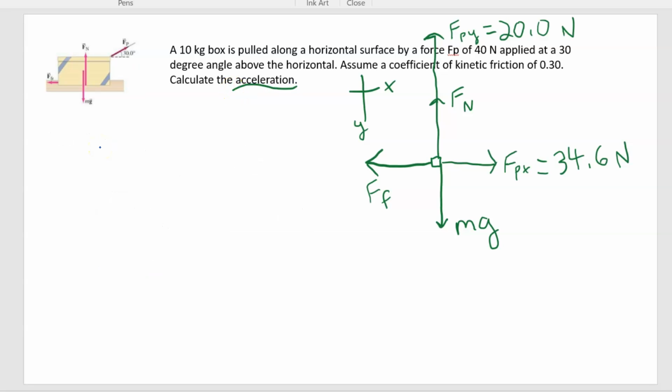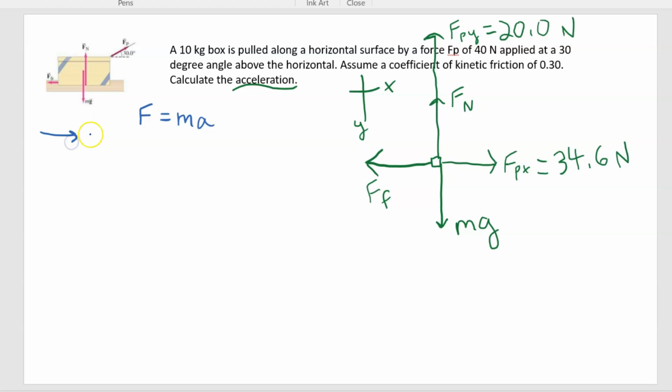So at this point, you should be asking yourself, what direction will we apply Newton's second law? If we're looking for acceleration in a problem like this, pretty safe to say we are going to be using F equals ma, or Newton's second law. Well, earlier we determined that this acceleration is being pulled along the horizontal surface.